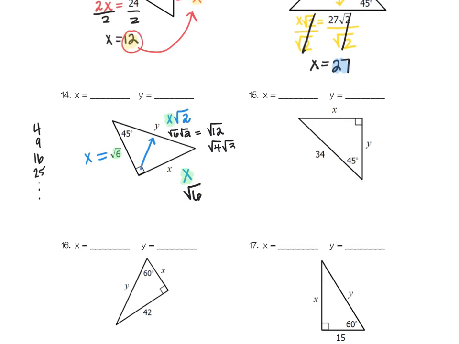It's 4 times 3. The square root of 4 is really just 2. So this side is really 2 square root of 3. And that answer goes in the y blank. This side is square root of 6, which really goes in the x blank.